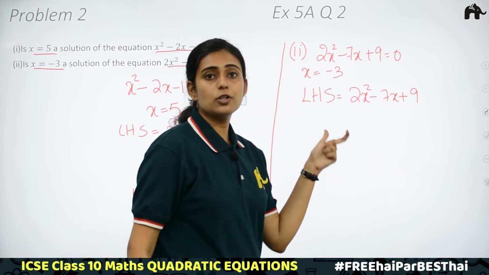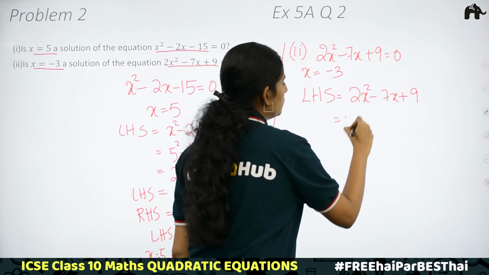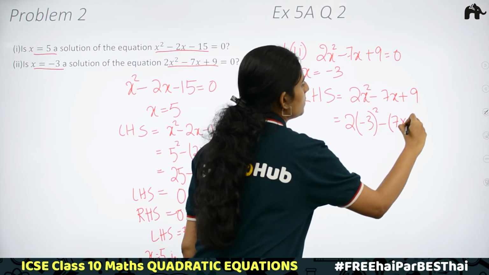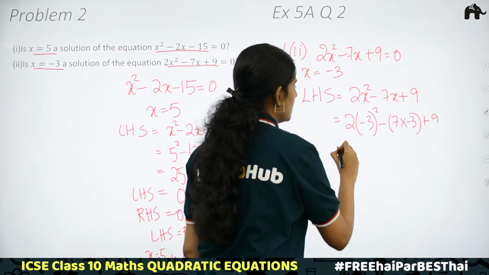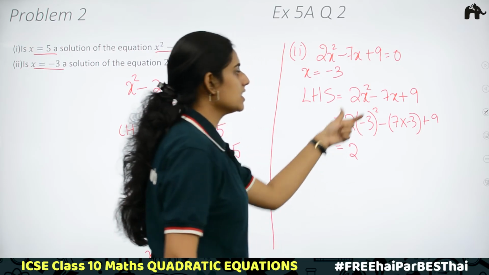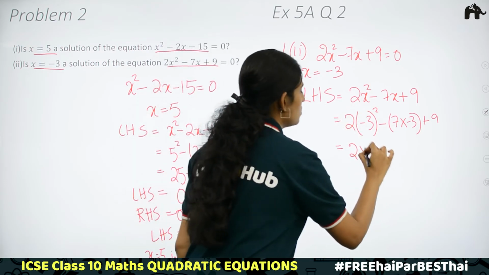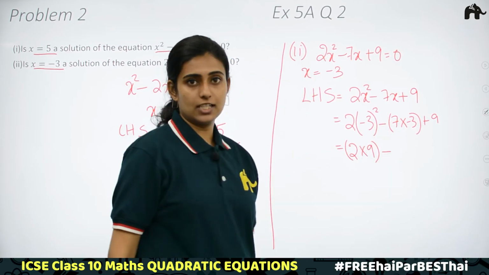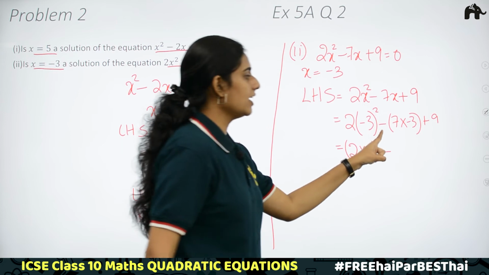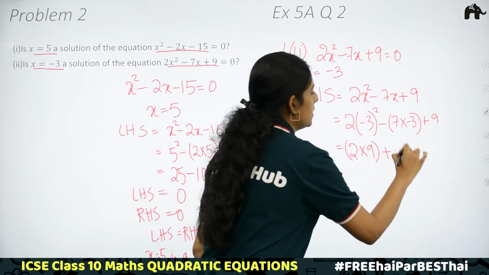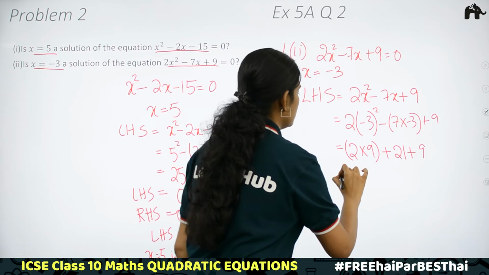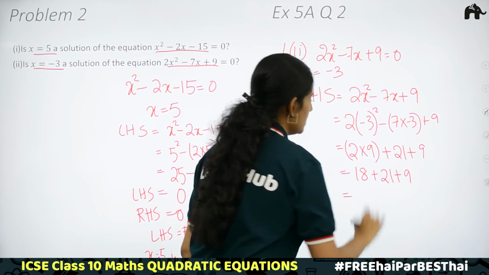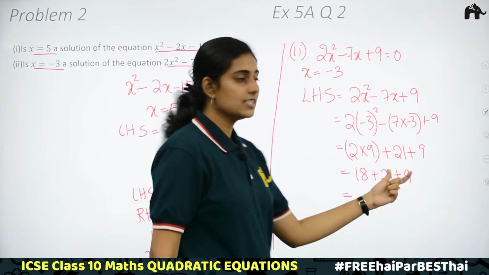Putting x is equal to minus 3, this is equal to 2 into minus 3 square minus 7 into minus 3 plus 9. Minus 3 square is 9, so 2 into 9 minus 7 into minus 3. That is minus 21, and here we have a negative, we get plus 21 plus 9. This is equal to 18 plus 21 plus 9, is equal to 21 plus 9, 30.